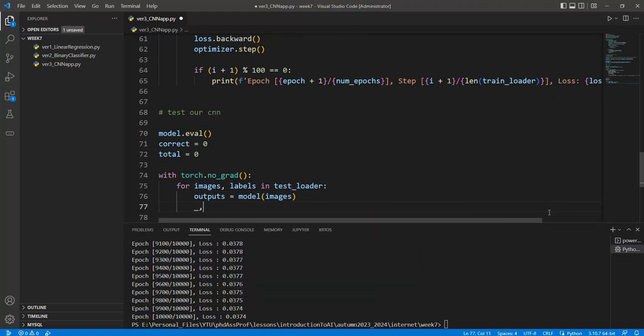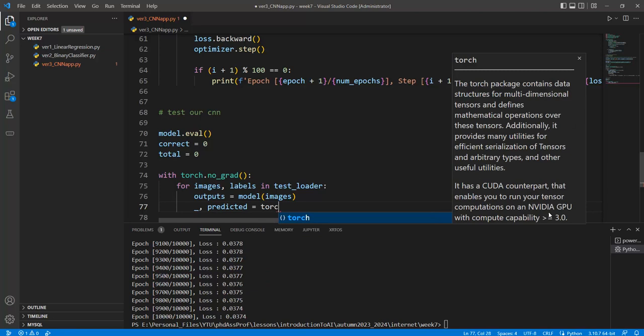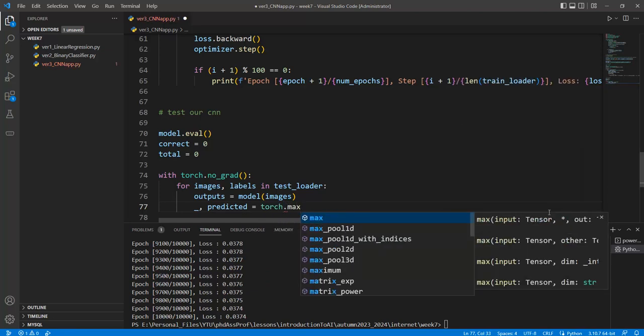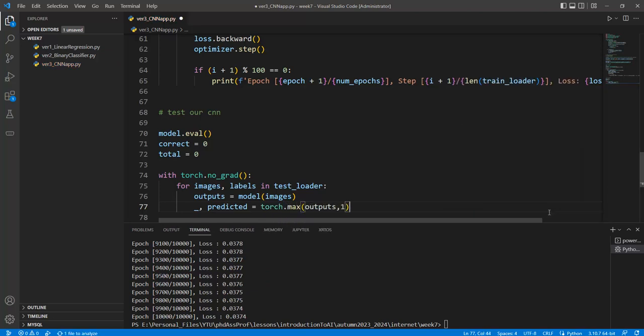And after that, the predicted torch max outputs 1. What's the meaning of this? In the binary cross entropy function or the softmax function, we have the correct answer at the highest probability of these 10 neurons, which means that one neuron at the output may be assigned 0.6, 60%.